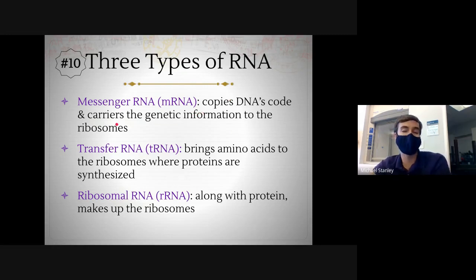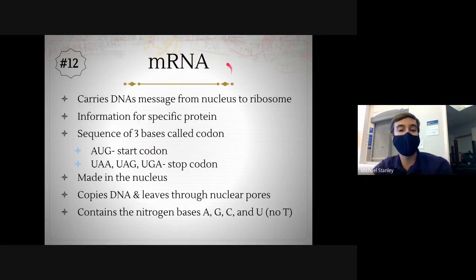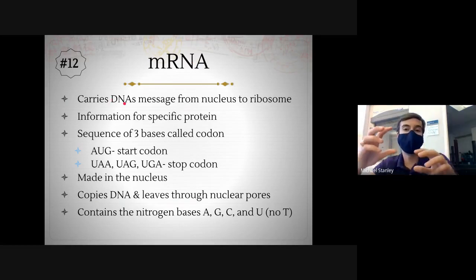So the basic thing that we've been talking about this whole time, needing something to come in, copy our DNA gene, and then carry that copy out to the ribosome, that is the job of messenger RNA, mRNA. So mRNA is extremely important. It carries the message from the DNA out of the nucleus to the ribosome.